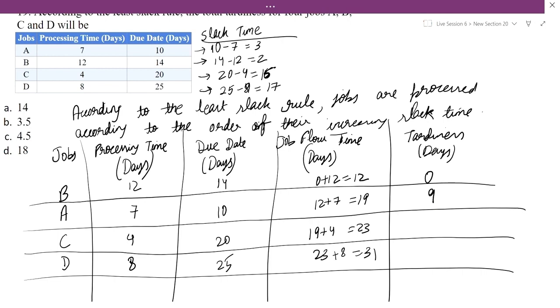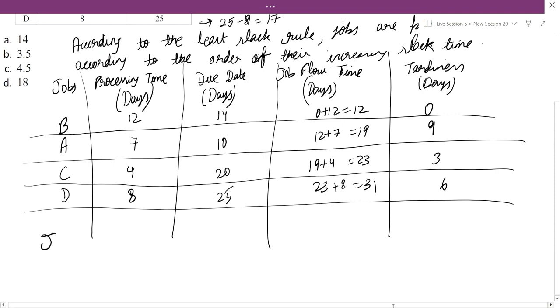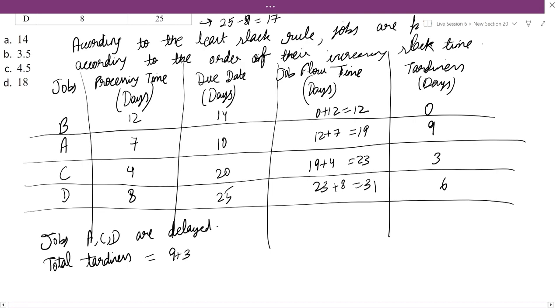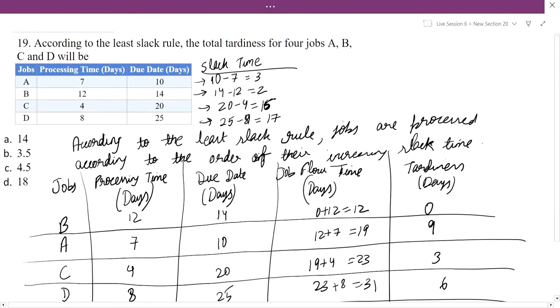For job C, job flow time is greater than the due date time. Tardiness is 3. For job D, job flow time is greater than the due date time. Tardiness is 6. So here jobs A, C, D are delayed. Total tardiness is equal to 9 plus 3 plus 6, which is 18. So the correct option is option D, 18.